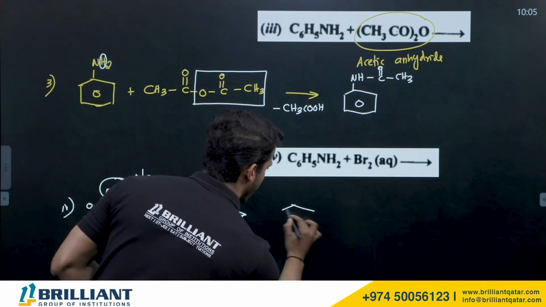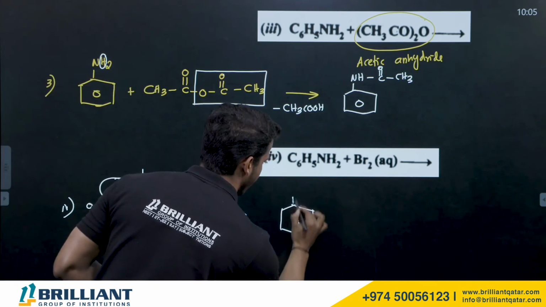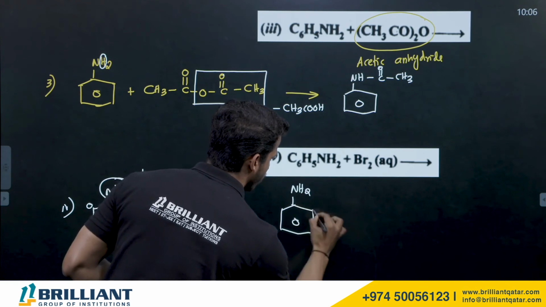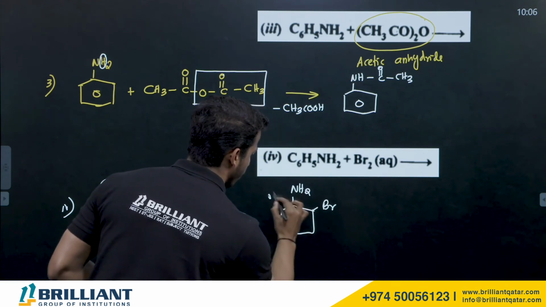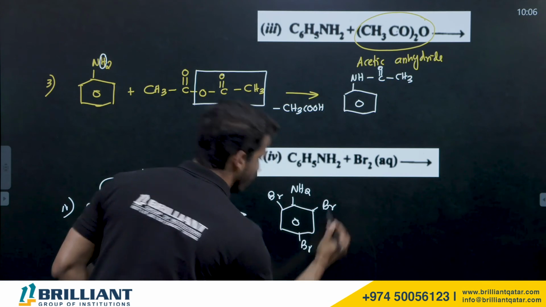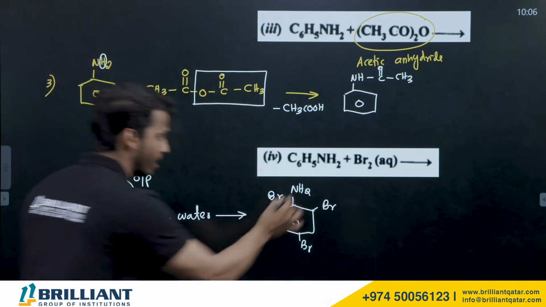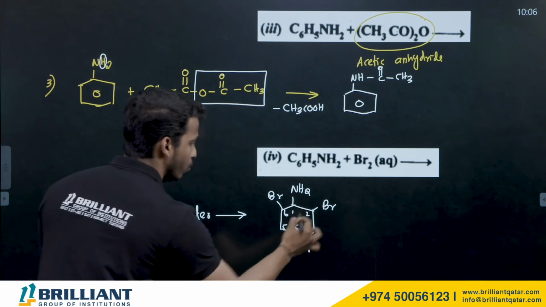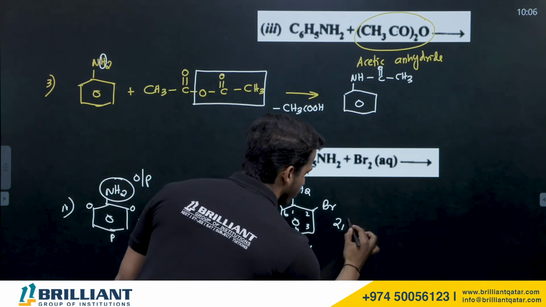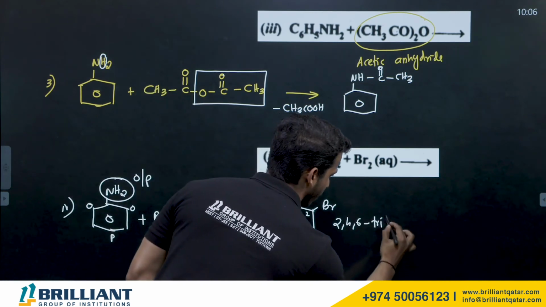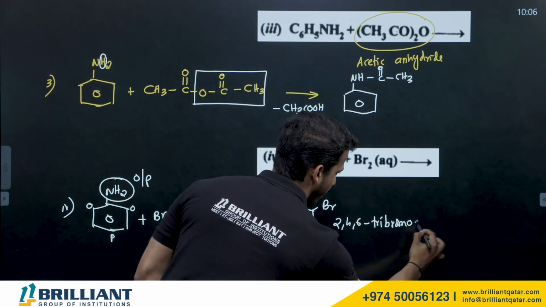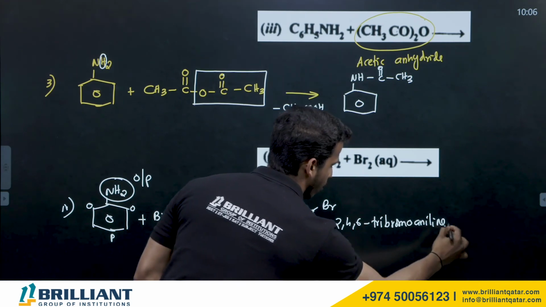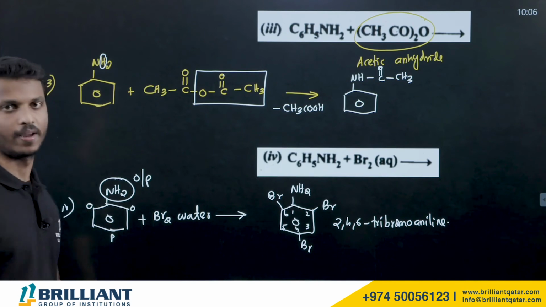So we'll get the compound. You studied this reaction in electrophilic substitution: NH2, bromo, and bromo. What is the name of this compound? Aniline is the main group, so number 1, 2, 3, 4, 5, 6. 2, 4, 6, 3 bromine. Tribromoaniline is the final product.